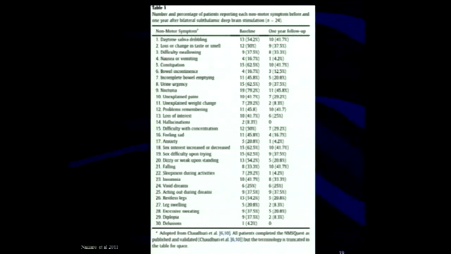They found in their study that the most common thing improved from a non-motor symptom was the autonomic symptoms, primarily orthostasis. And that may just be from medication reduction since it was STN-DBS.